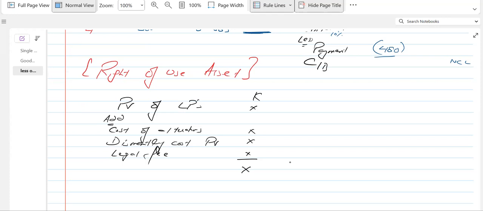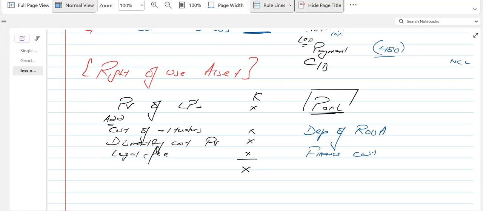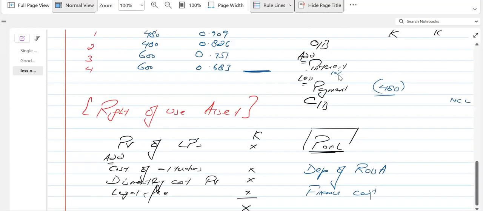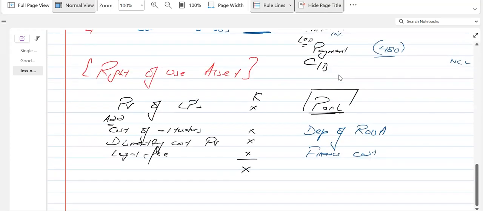And then you need to calculate what figures will go in the profit or loss. In the profit or loss, there will be three things with respect to this question. Number one, the depreciation of the right of use asset. Number two, the finance cost, which we calculated over here, the interest of 10%.